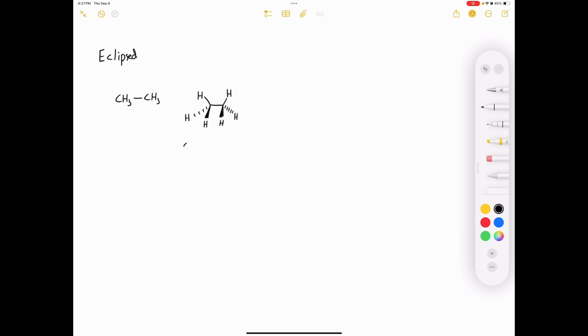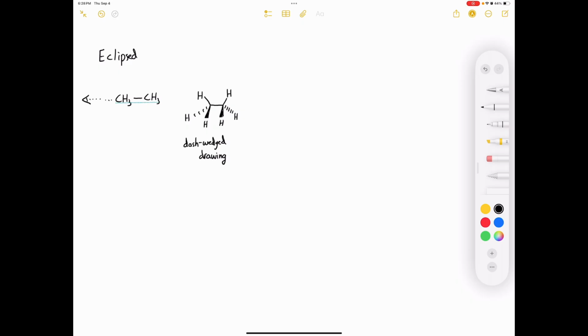So here's my dash wedge drawing. And then if we look at one of its ends, so let's not draw it that way. Okay, let's redraw that.